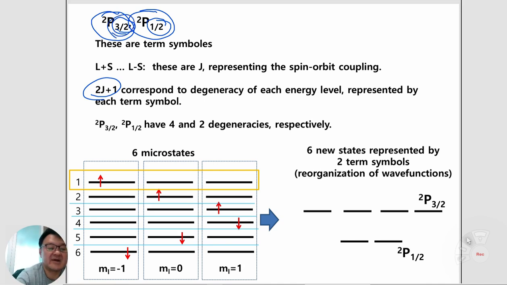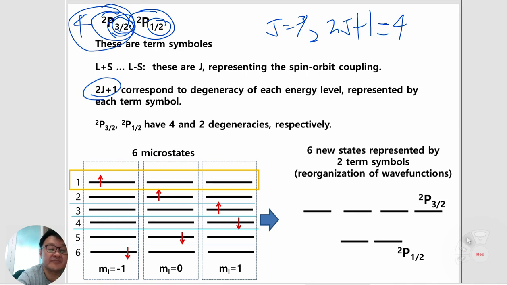So here, J is 3/2, and 2J plus 1 becomes 4. It has a degeneracy of 4, right? Likewise, you can come to the conclusion that the other should have a degeneracy of 2. So 2P 3/2 has a degeneracy of 4, and 2P 1/2 has a degeneracy of 2, right?